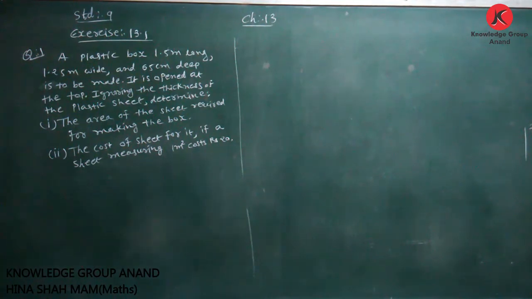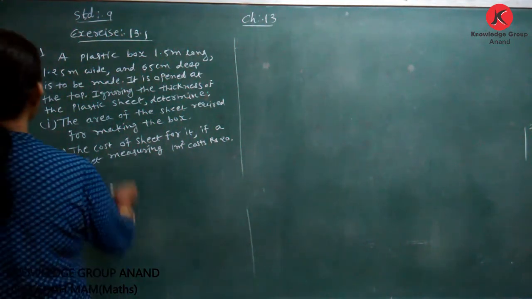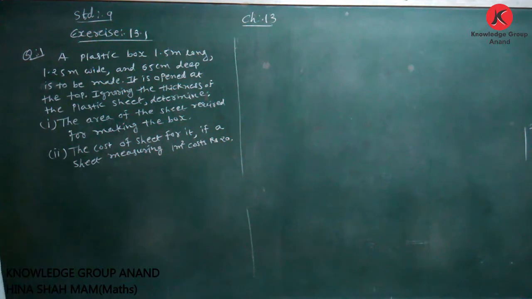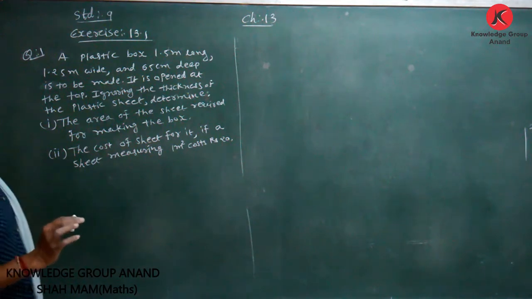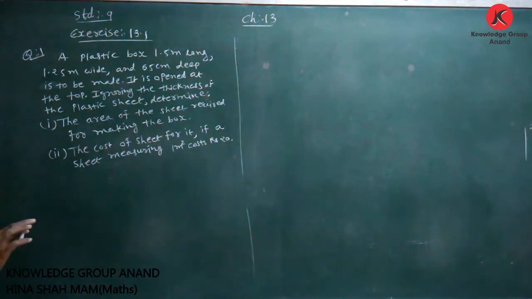Now, exercise 13.1, question number 1. A plastic box 1.5 meter long, 1.25 meter wide and 65 centimeter deep is to be made. It is open at the top.